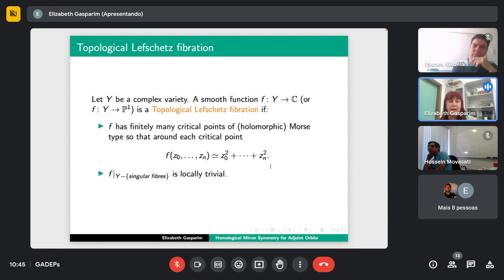That is Morse type singularity, so non-degenerate singularity, exactly like you do in Morse theory. So that's the main condition. Outside the singular fibers, it should be a locally trivial fibration. So this is written here as a topological fibration only, even though it's a smooth map.